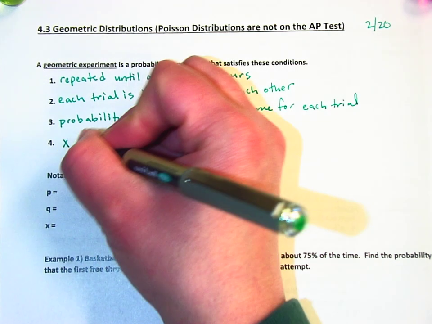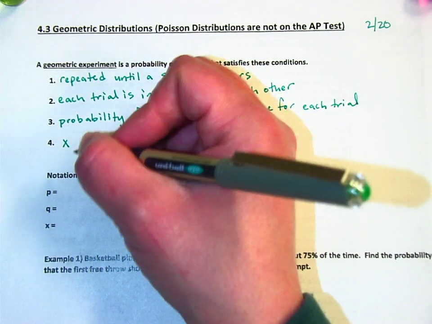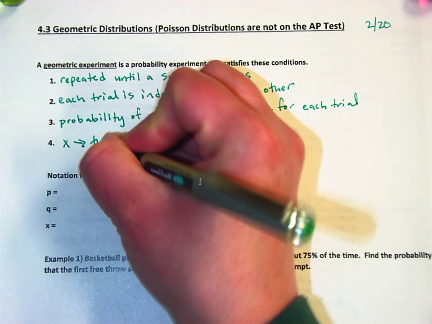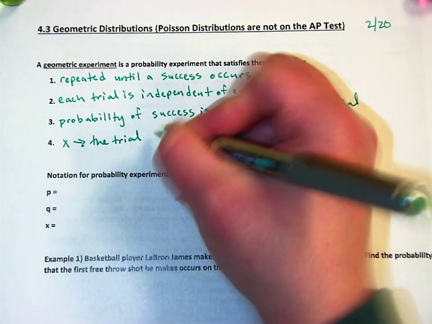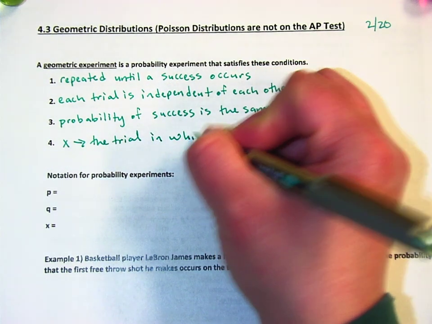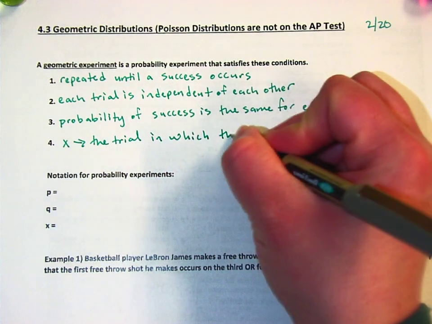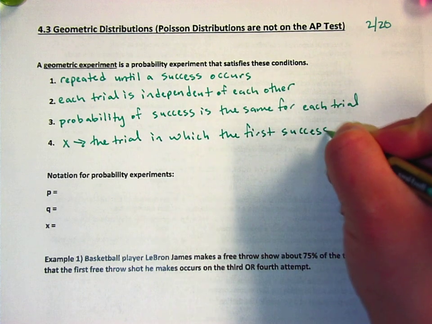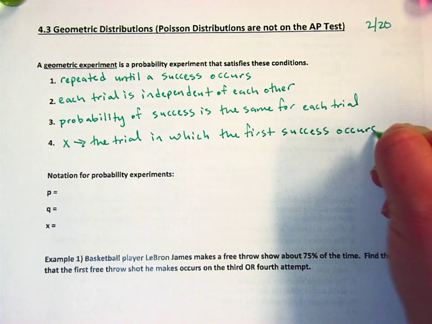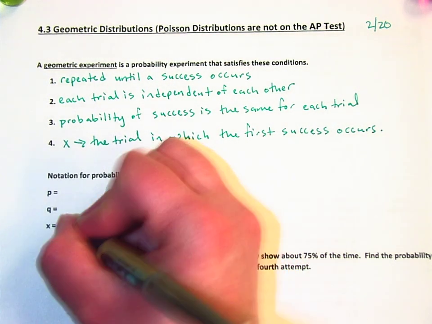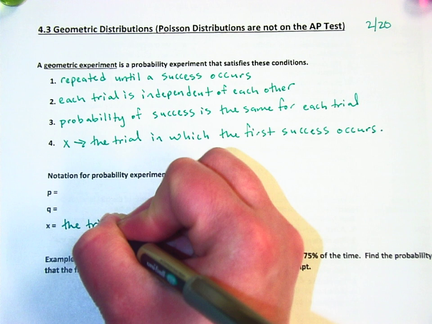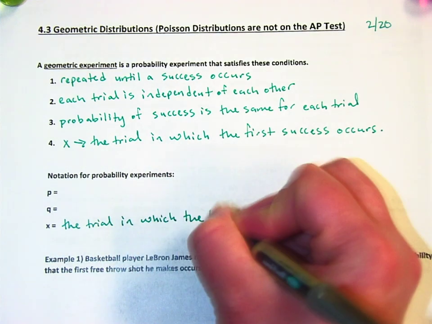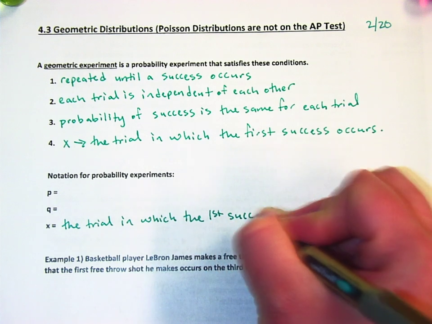And X, in this case, instead of being how many successes you have, like it was last time, is now the trial in which the first success occurs. Which I'll write down here too. It's the trial in which the first success occurs.